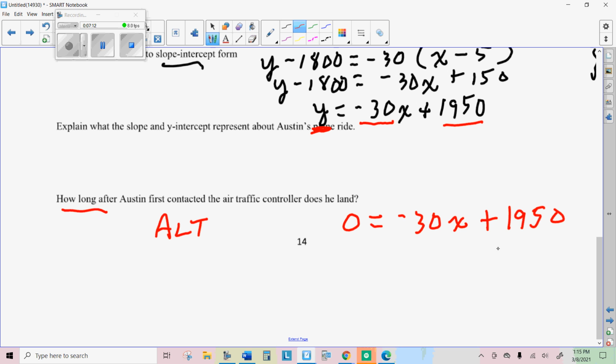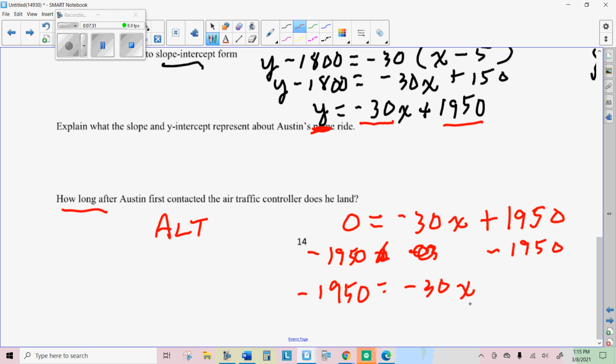When you solve it, you would subtract 1950, which would make this a negative 1950 over here. And then you would divide that by negative 30, which would make it a positive number. And if you did it right, you should have got 65 seconds to land.